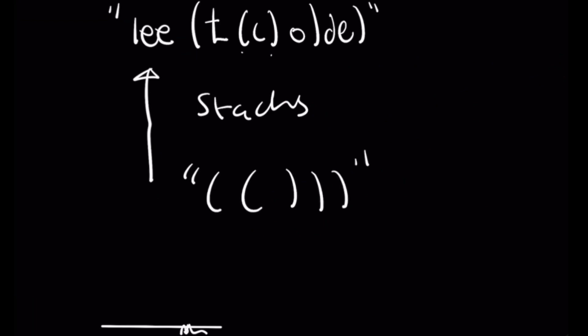First, we notice we have an opening parenthesis right here, so we add it to the stack. Then we add another one here. Then we come to a closing parenthesis, and we see that on our stack we have an opening parenthesis. Therefore, we pop this out and go to the next one.